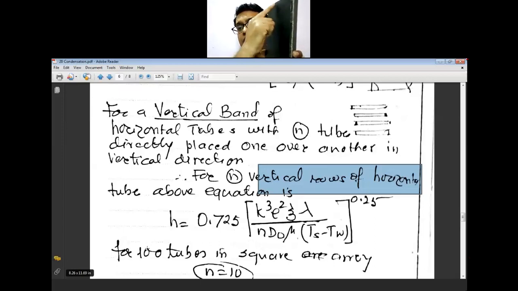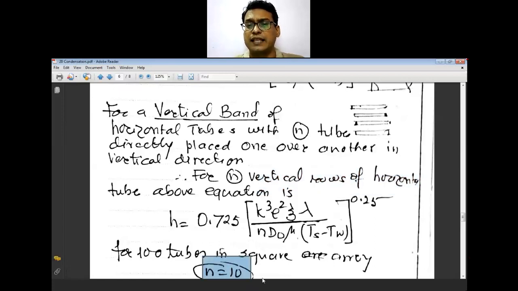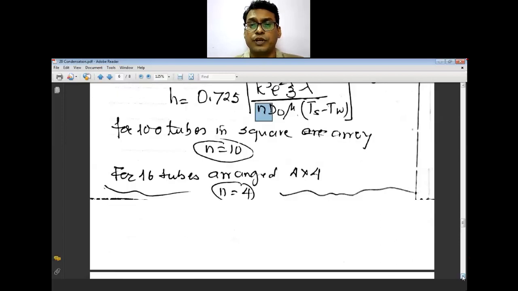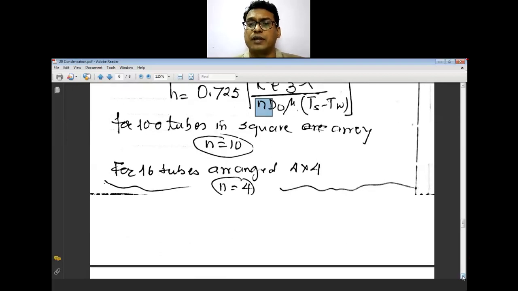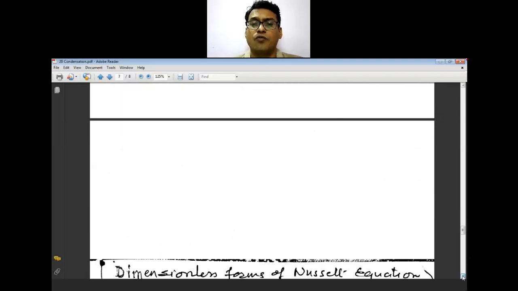So whatever the vertical number of tubes, for 100 tubes in a square array N becomes 10. And if it is an array of 16 tubes, that is 4 by 4, then N becomes equal to 4.